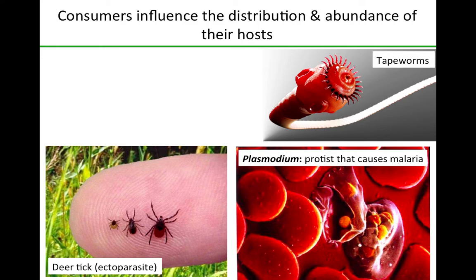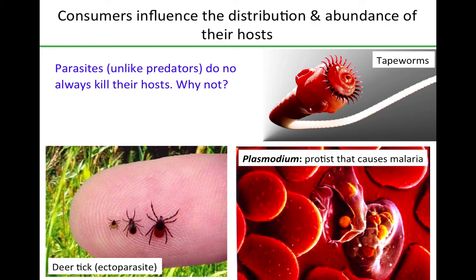And most of the time, parasites do not kill their hosts. So unlike predators, which by definition, if they're consuming their prey, are killing it in the process, that's not always true of parasites. So I think it's interesting to think about why we would expect that behavior in parasites. Here I'm showing you a tapeworm and ticks, which don't necessarily kill the hosts.